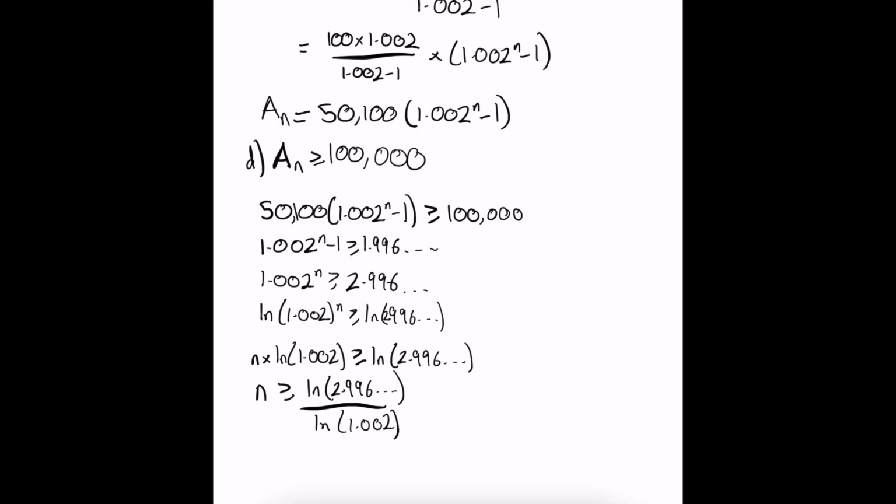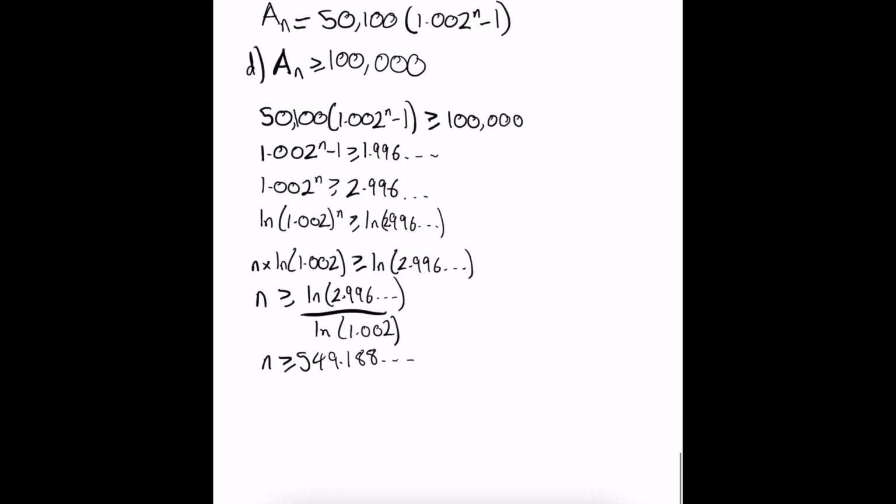Plugging this into a calculator, we get n is greater than or equal to 549.188, and so on. Now this is weeks. And so the first week in which they will hit at least $100,000 is 550, because that is the first whole number for n that is greater than this number here.